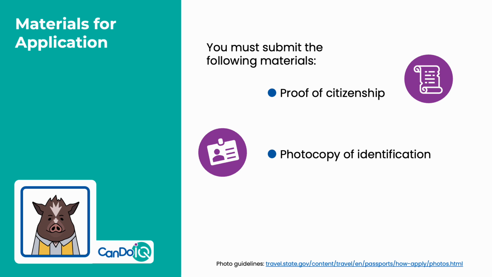Additionally, you must provide a photo with your application to be used on your passport. This photo can be taken professionally or at home, as long as it follows the guidelines made by the U.S. Department of State. You can get your photo taken at most pharmacies, office stores, and the location you apply for your passport for a fee.